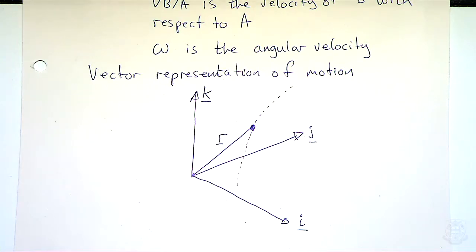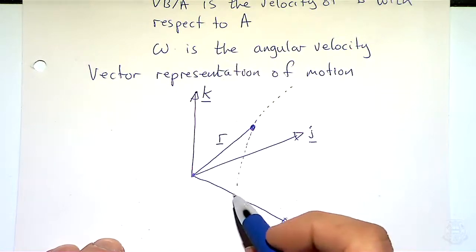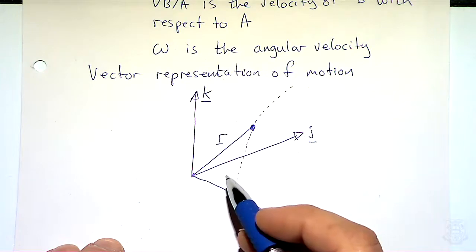Then r consists of three components, X, Y, and Z, and they correspond to the I, J, and K axes.